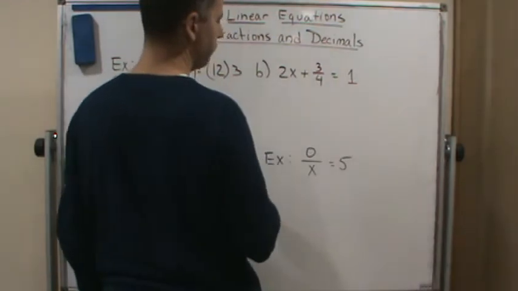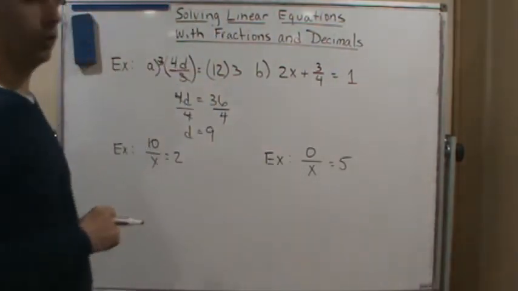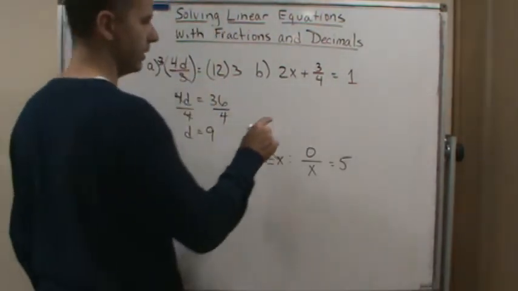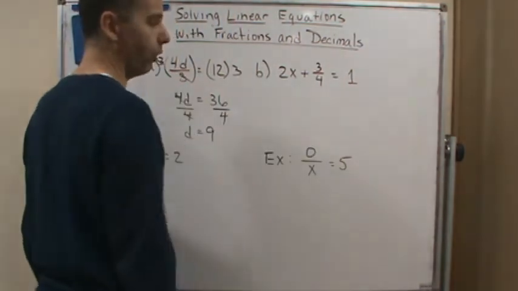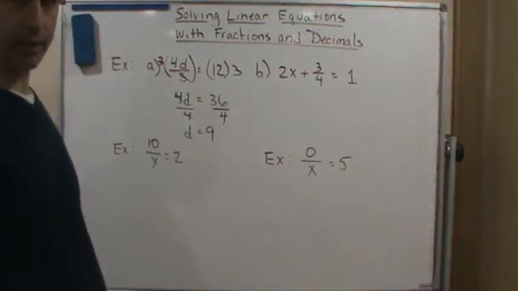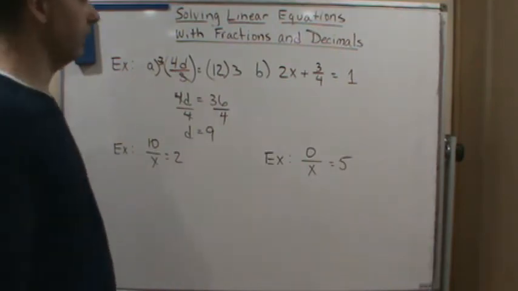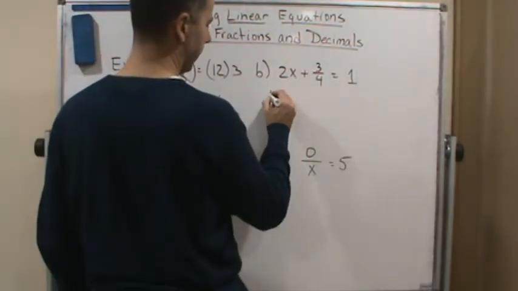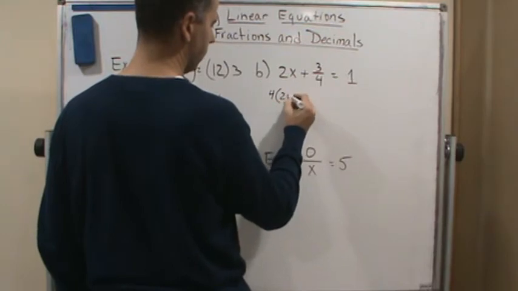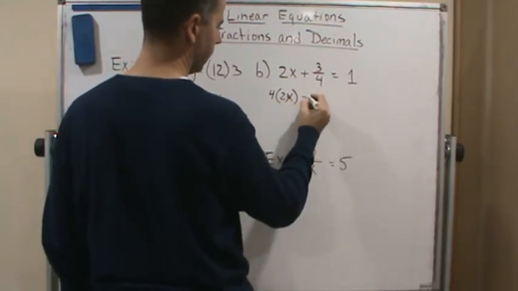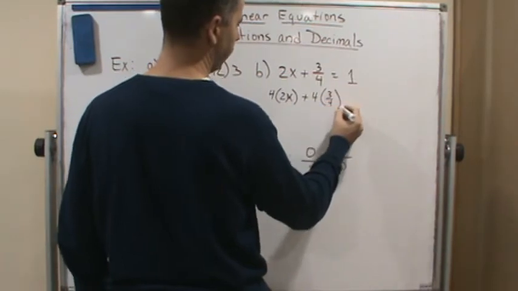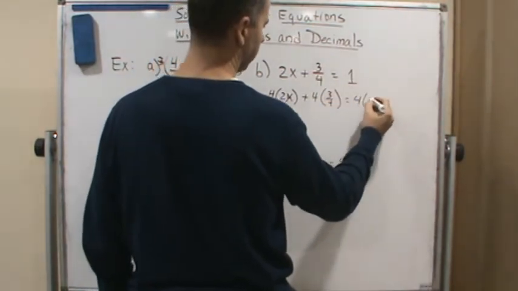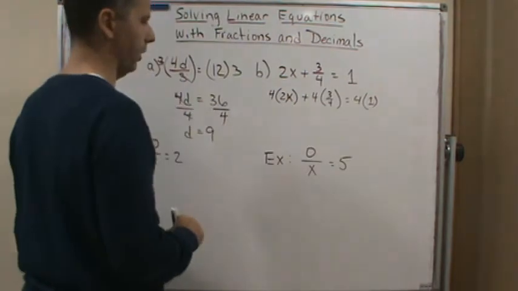Now what about b here? There's a denominator of 4 here, so I'm going to multiply both sides of the equation by 4. I'm going to multiply 2x by 4, 3/4 by 4, and 1 by 4.